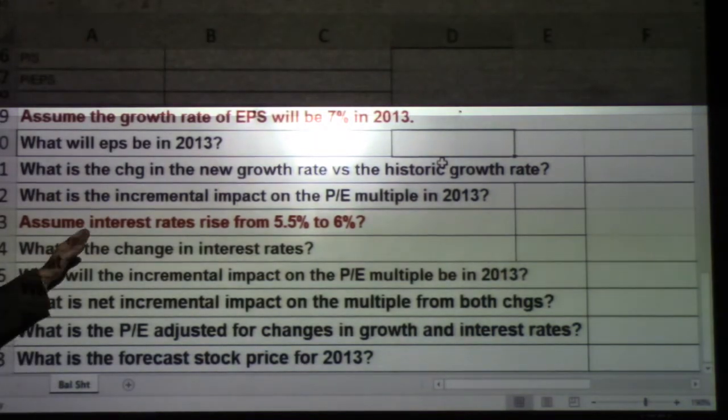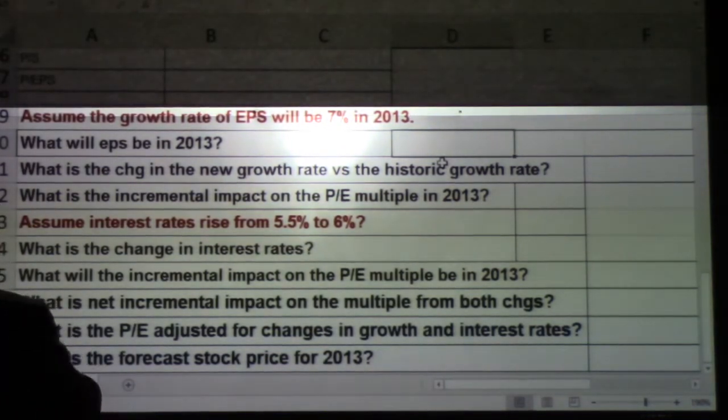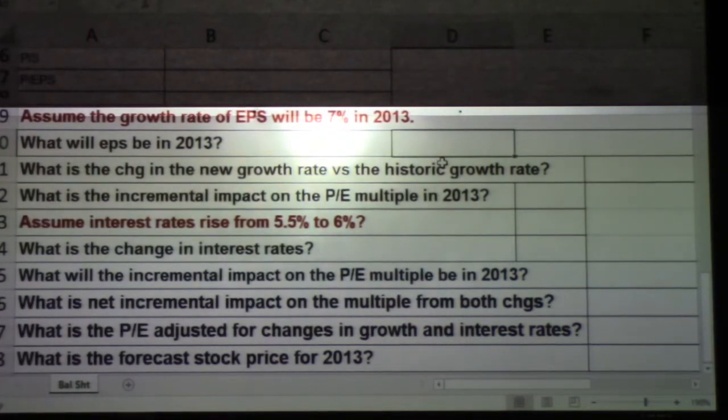And then we'll look at how a change in interest rates will affect the multiple. A change in interest rates will affect the multiple, but not the fundamental. So let's incorporate changes in the growth rate of earnings per share and then changes in interest rates.